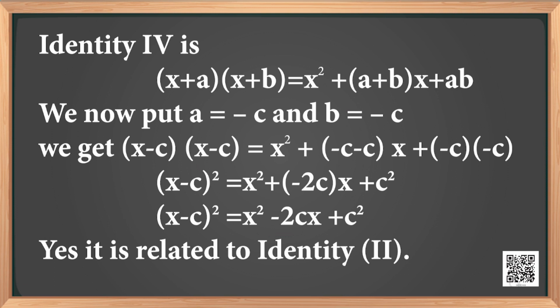We get (x − c) into (x − c) is equal to x square plus (minus c) into x plus (minus c) into (minus c). (x − c) whole square is equal to x square minus 2cx plus c square. Yes, it is related to identity 2.